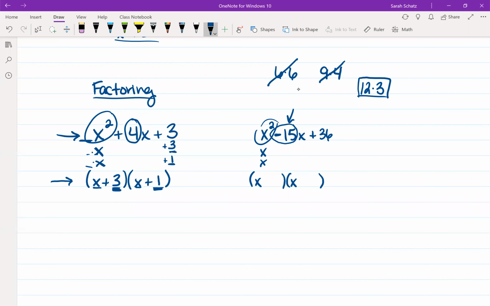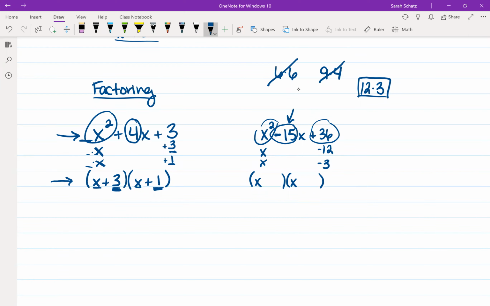So I'm going to put a 12 and a 3 here. Now here's the deal. This 12 and this 3 have to add up to be negative 15. But they don't. They add up to be positive 15. And this 36 here has to be positive. So what if I do this? Is negative 12 times negative 3 still positive 36?